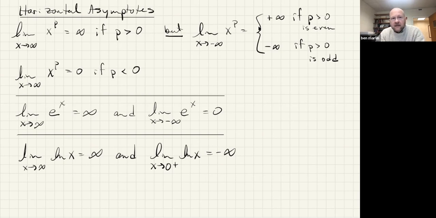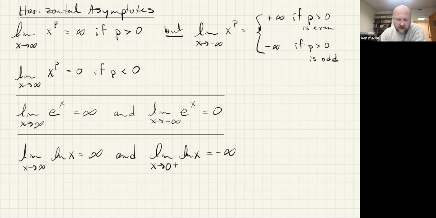So if you've got x to some power and x is going to infinity, then you've got infinity if you get a positive power. But if you get a negative power, then the limit is going to be 0.